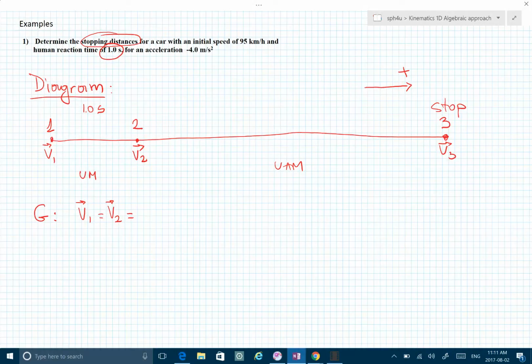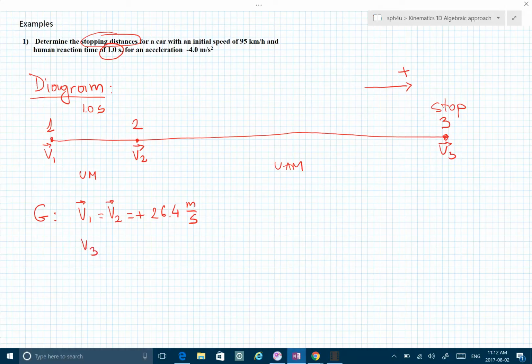So we have 95 kilometers per hour, which is 26.4 meters per second. I'm hoping you know how to change kilometers per hour to meters per second. You just divide by 3.6, the number. Unit analysis that you've done in grade 11.